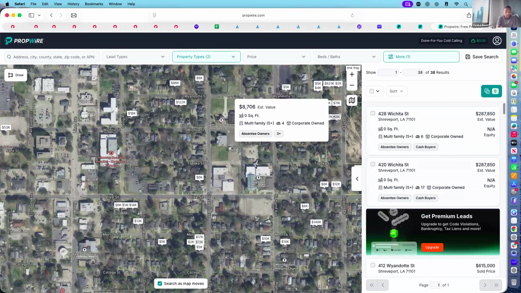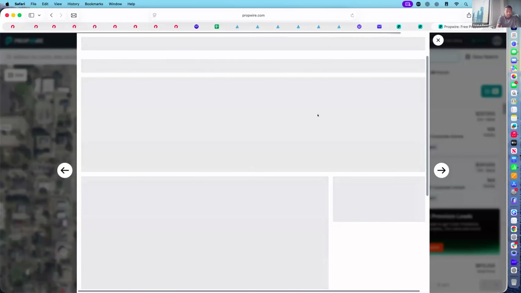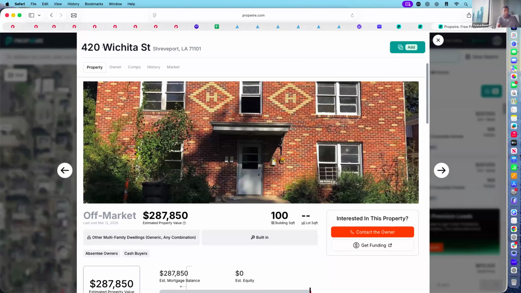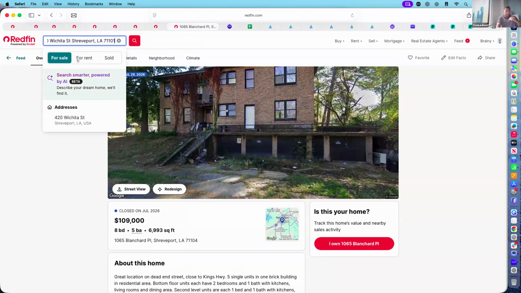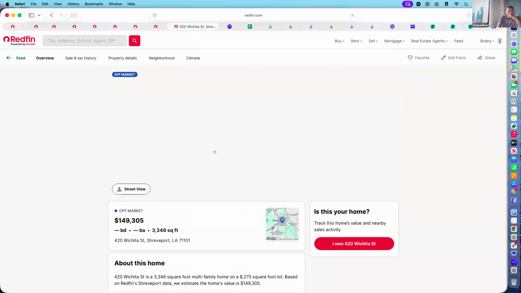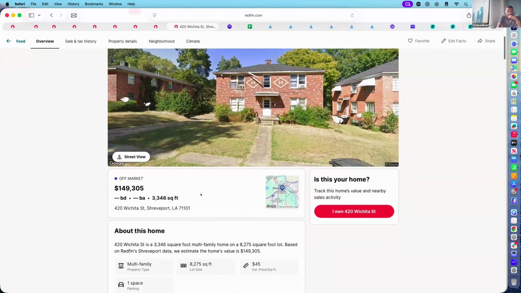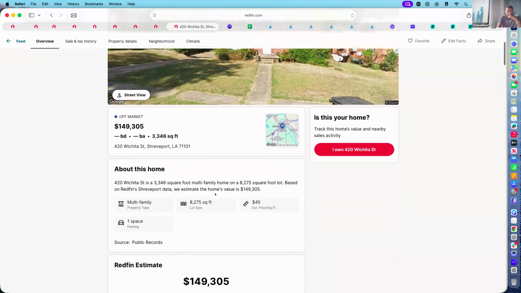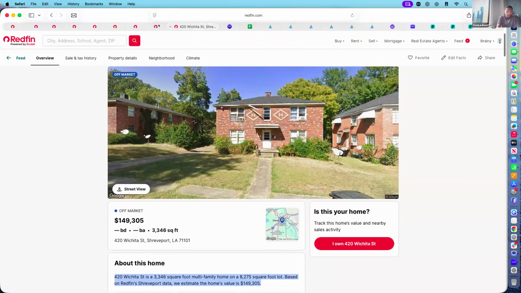Corporate owned, corporate owned. One 49. 8,000 square foot lot, and these are smaller.